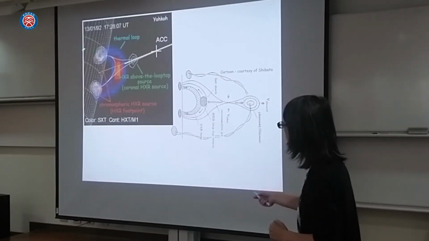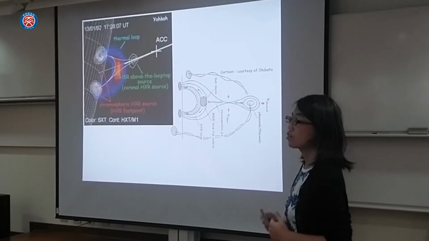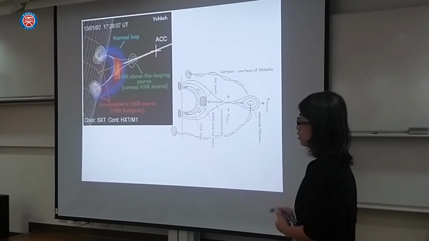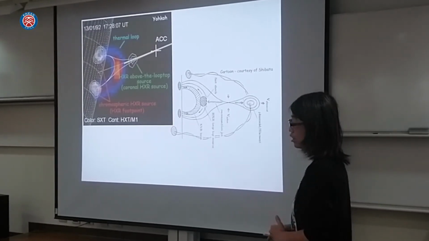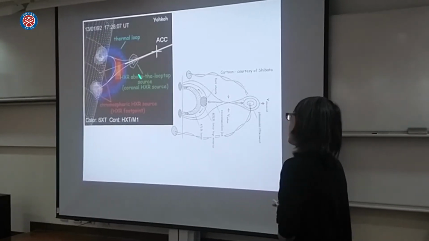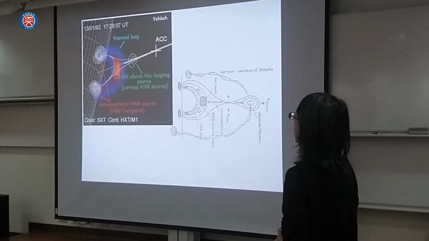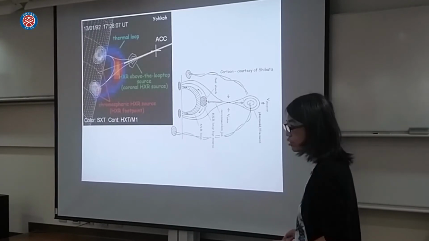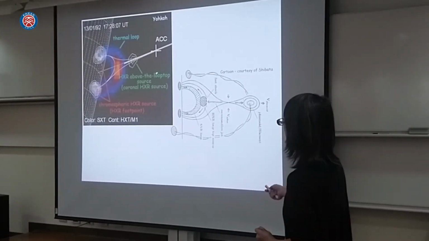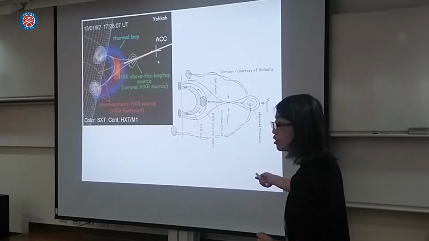These HXR sources are caused by energetic electrons, which are accelerated during the flare. So based on this observation, we suggest that there is an acceleration region, or what we call the energy release region, above the HXR source.